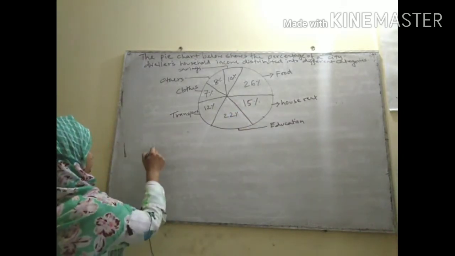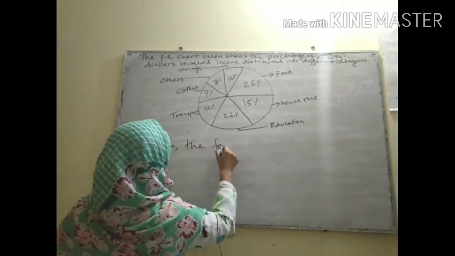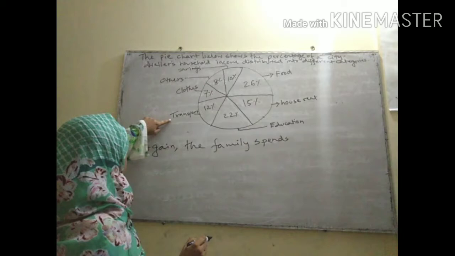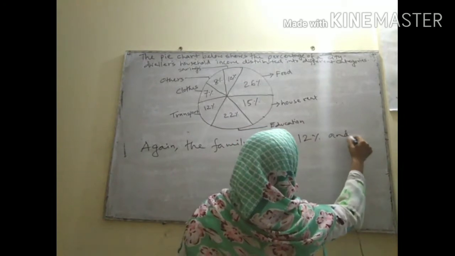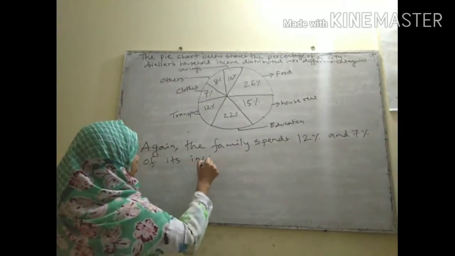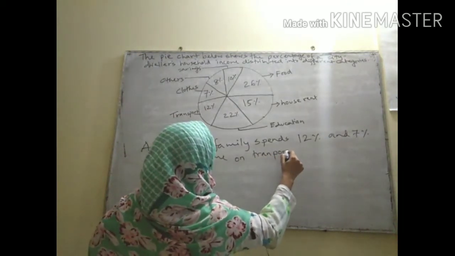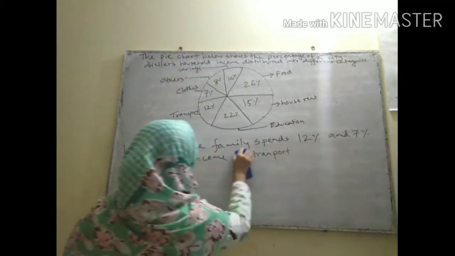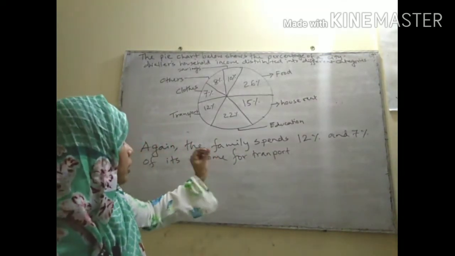Now transport. Again, the family spends 12% and 7% of its income on transport, the preposition for is suitable here.